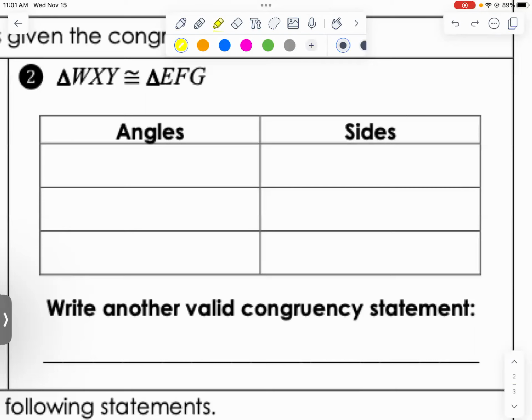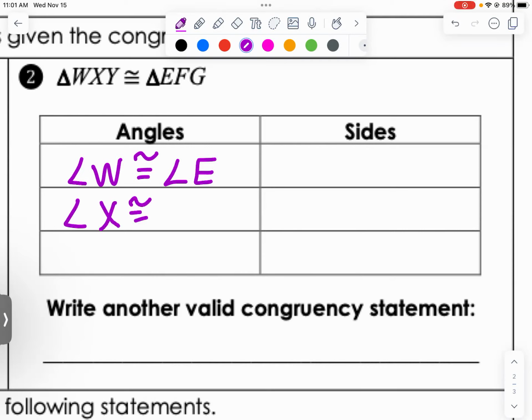All right, Sam, give me an angle statement. Angle W is congruent to angle E. Great. Alex, what's another one? Okay, great. Nora, what's our other one? Great.